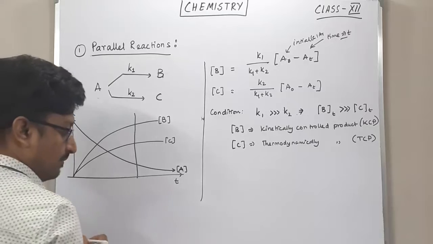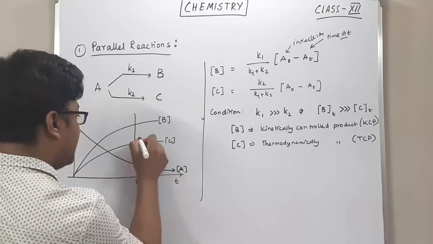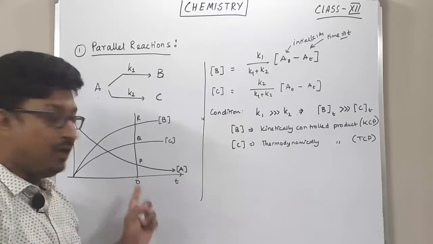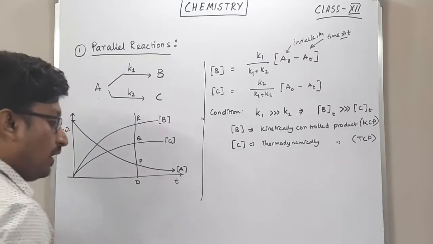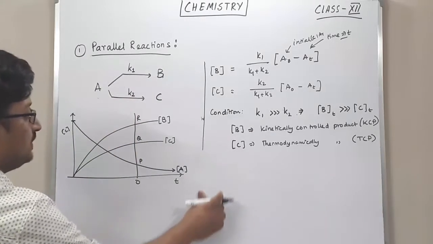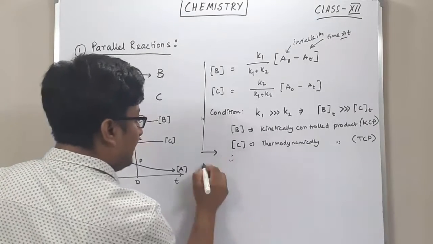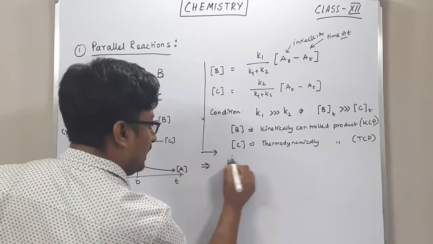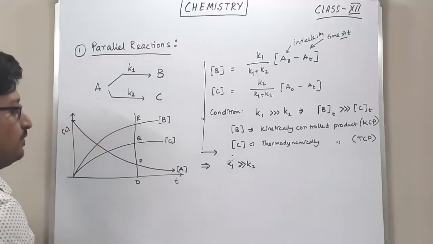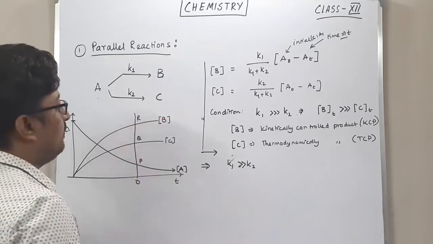Now, if I draw a line here, let's name this line O, points P, intersections Q, R. Okay, O P Q R. Now, assuming this condition that K1 is greater than K2, definitely formation of B will take place.